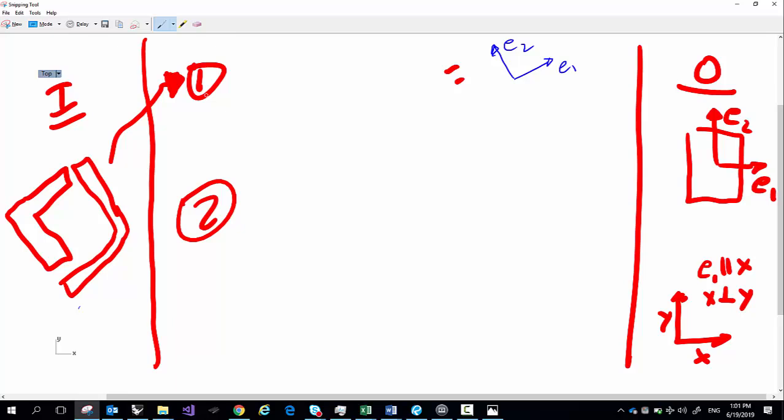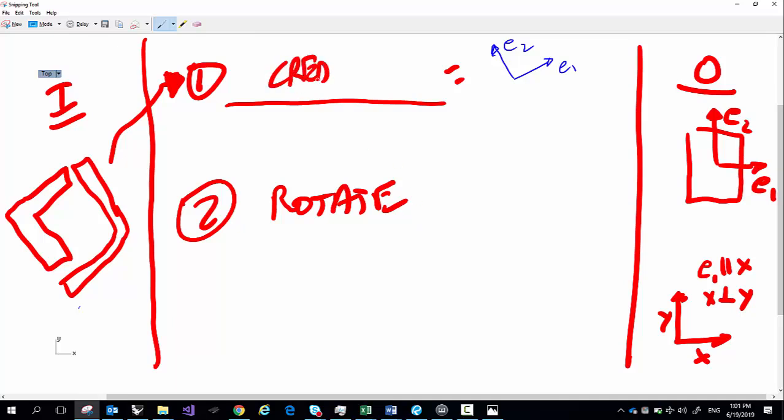Because to rotate something implies that you can have an angle for something, which means that you probably need to have two vectors or something. You can't just have an angle against nothing, right? Okay, so we're just going to call this next part, rotate. We don't have a name for this yet, just create some vectors, and then rotate based on those vectors, right? So then you end up with this, right?